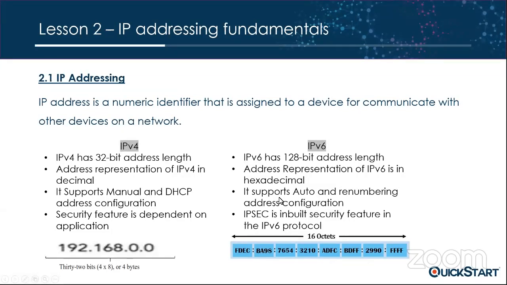It also supports auto and renumbering address configuration. The main reason behind IPv4 and IPv6 would be the overwhelming of addresses. We're gonna end up running out of IPv4. The second thing would definitely be security. IPv6 has built-in IPsec security features, but on the contrary, IPv4 doesn't have it.